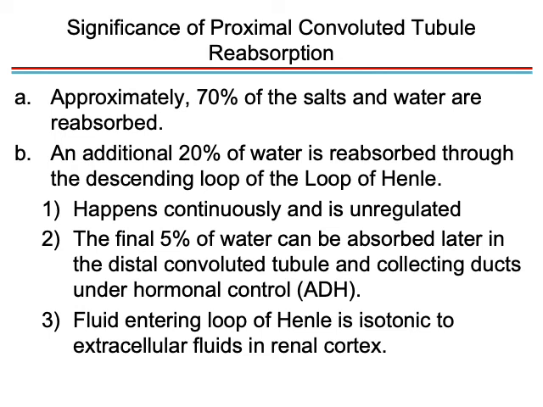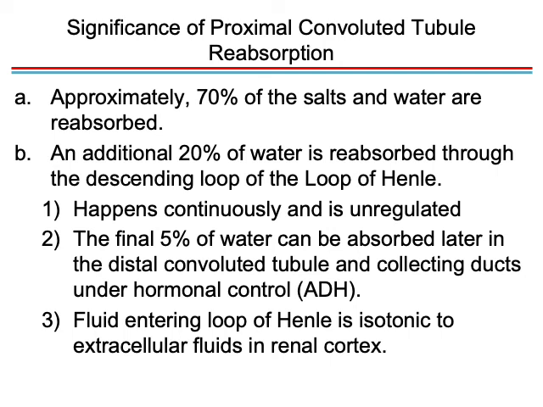So the majority of water and sodium is going to be reabsorbed through the loop of Henle. The water will get reabsorbed in the descending loop. Sodium and chloride will be removed in the ascending loop.